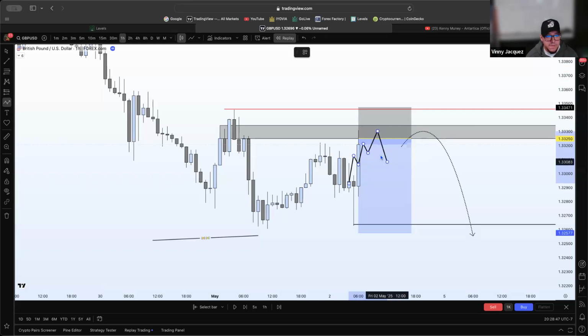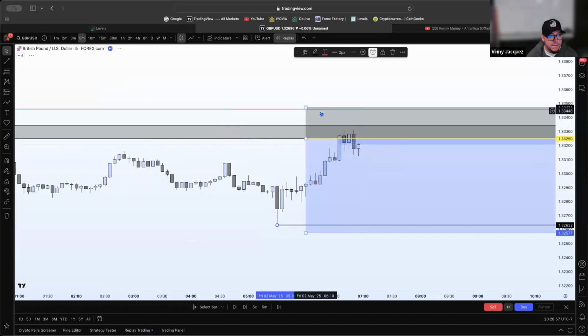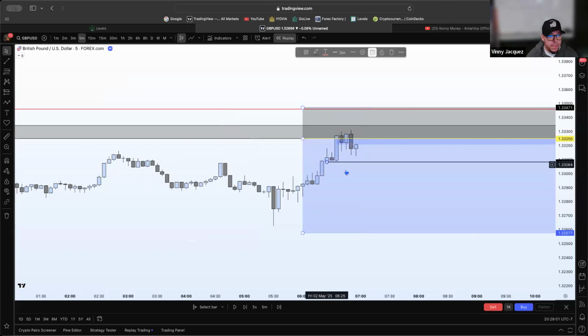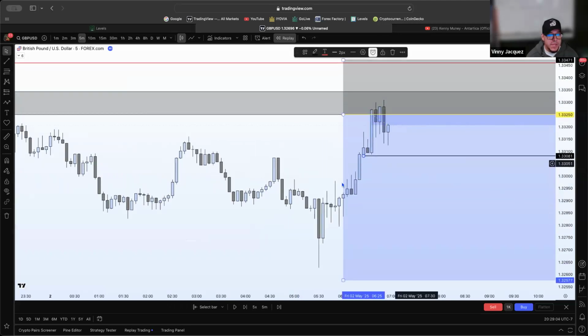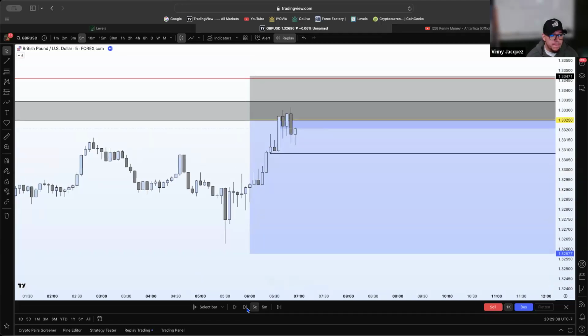So I can see if we can get confirmation on this, right? So let's go ahead and take a look. Let's drop down on the 15. It's the same pullback as the 1 hour. If we drop down to the 5, notice how my pullback is here now, right? So let's see if we can get some confirmation, see what the market's doing.